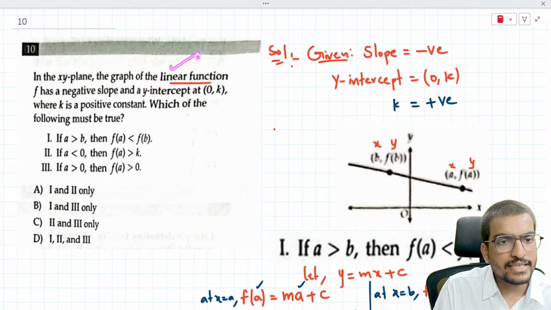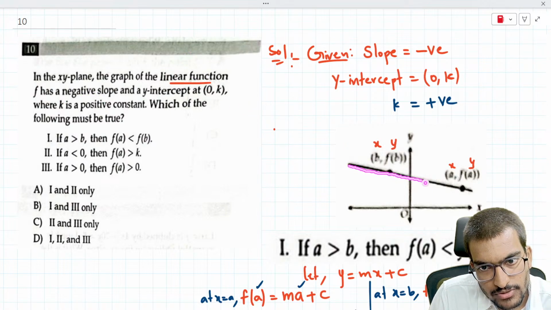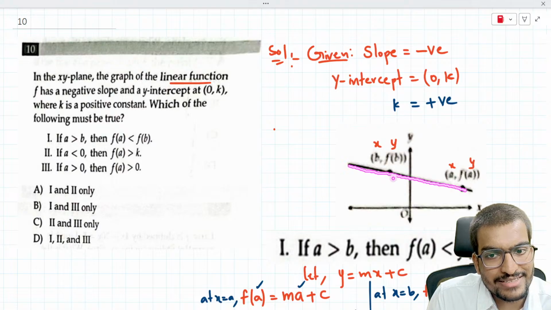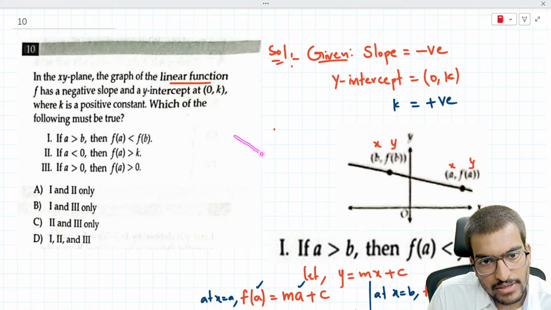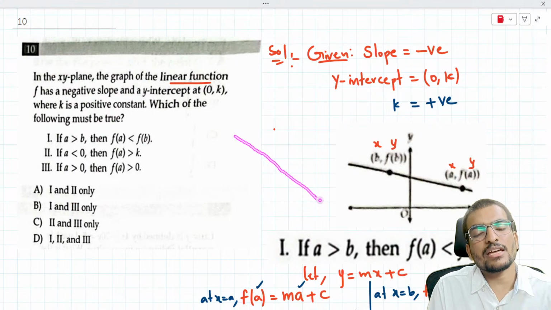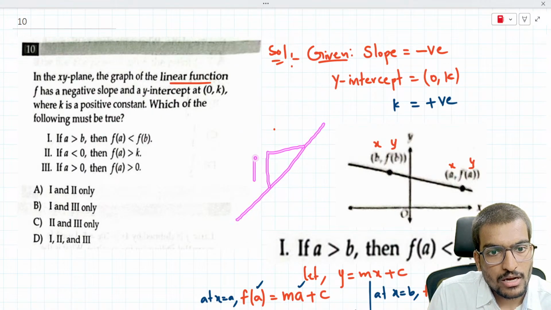They said linear function, and it has a negative slope. Linear function means a line with negative slope. If the line is like this, it has a positive slope, up and right.